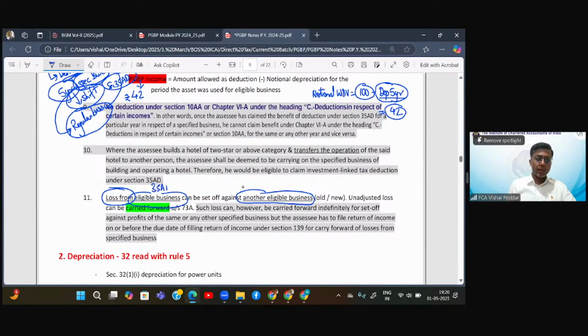In other words, 35 AD loss can be set off only against 35 AD income, not against any other business income or any other head income. This is not the rule for regular business losses. We just saw regular business loss. It cannot be set off against salary and winnings. Others, all income, you can set off the regular business loss. 35 AD business loss, you can set off only against the 35 AD business income.